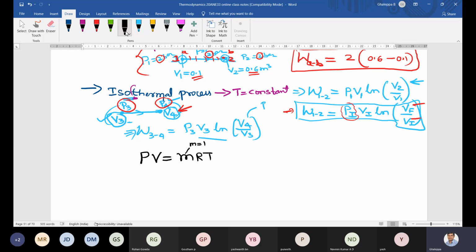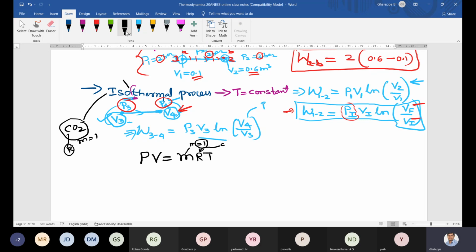Assume in this process it is carbon dioxide. There is only one gas and its mass is equal to 1, so it is a constant value. And the R value is also constant. This is the gas constant of carbon dioxide, some constant value. It is not zero. It may be 20, 30, 40, whatever it may be. It has some value. It is constant.